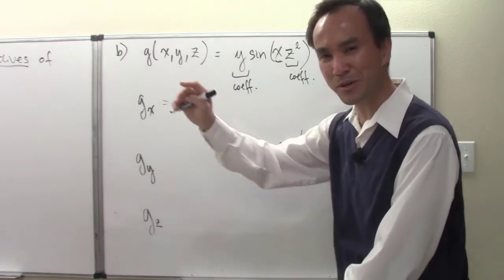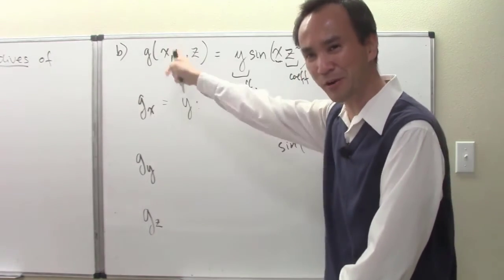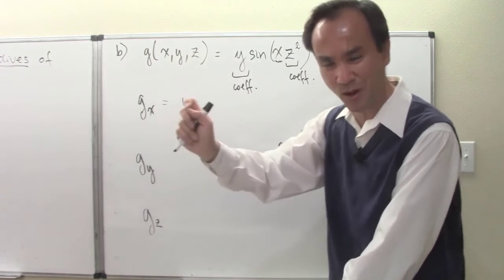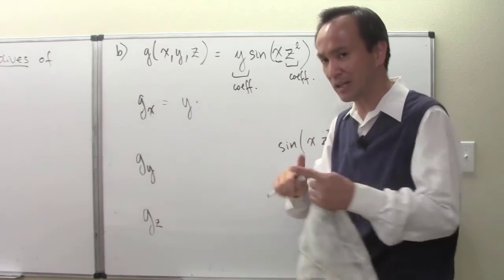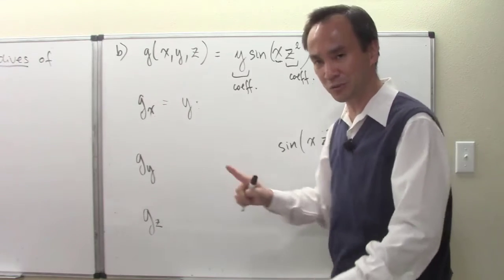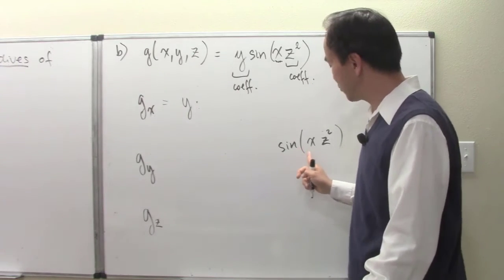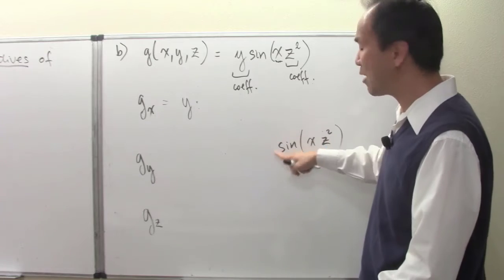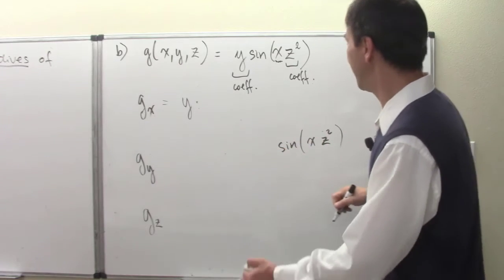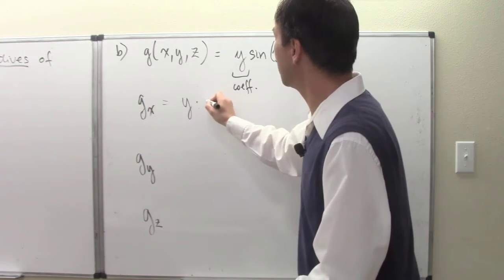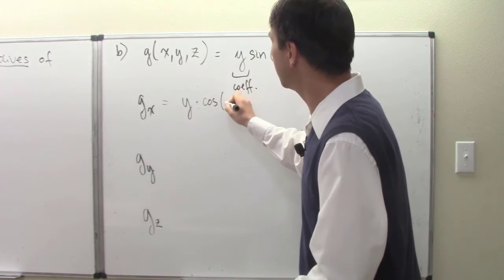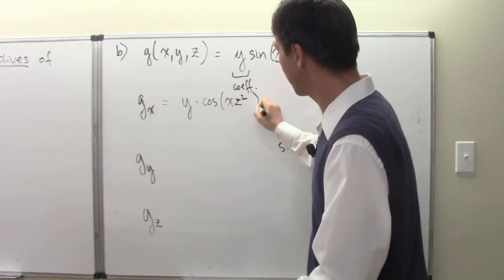So we have to bring back the chain rule. I purposely brought in this problem to make anyone learning from this lesson realize that anything you have learned back in Calculus 1, including the chain rule, has to be used here. So now the chain rule says we have to take the derivative of the outside function. The derivative of the outside function here gives me cosine of x z squared.